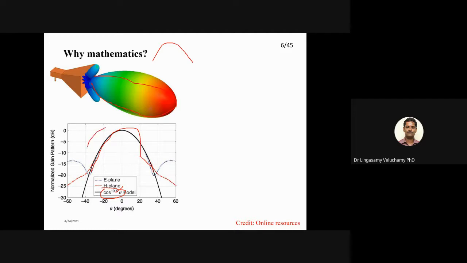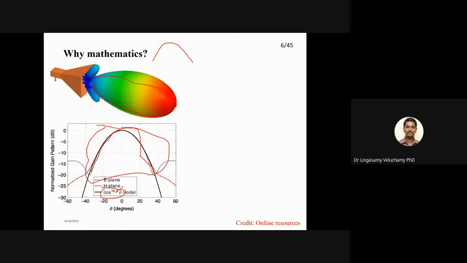Before we go for experiment or simulation, using a mathematical equation we are reproducing the antenna behavior, in terms of radiation pattern, VSWR or anything. There are a number of equations available in the antenna books, like estimation of radiation pattern and estimation of mismatch like VSWR, and many parameters.